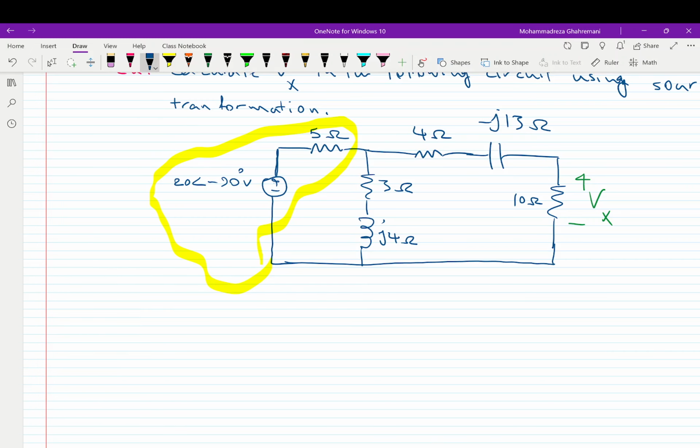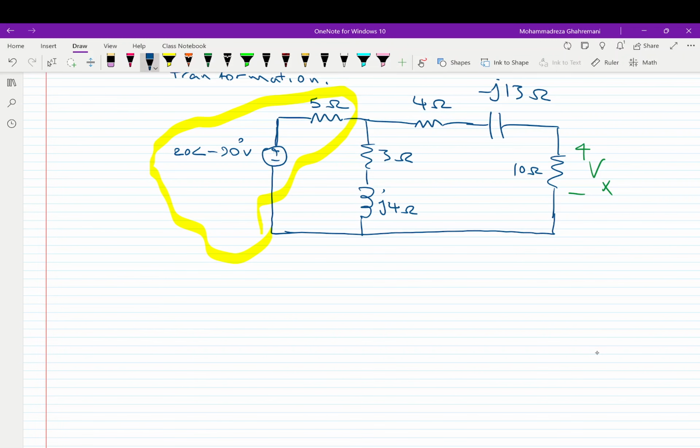So the new value of the current source will be equal to 20 with the angle of negative 90 over 5, which equals 4 with the angle of negative 90, or we can write it in the form of negative j4 if we need it in rectangular format.